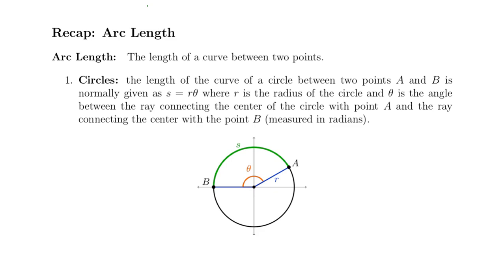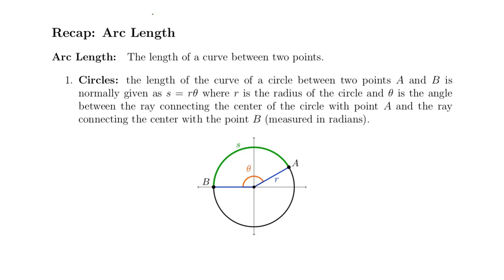So first, just a quick recap. There's two spots that we see arc length. Just as a reminder, arc length is literally just the length of some curve between 2 points. So first, we've seen this in circles. If you've taken some trig, or if you saw some of this stuff in high school, you know that there's some nice formulas for getting the length of the curvature of a circle between 2 points.